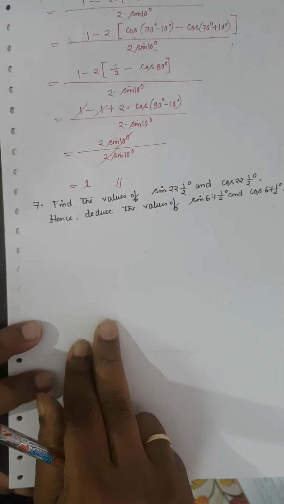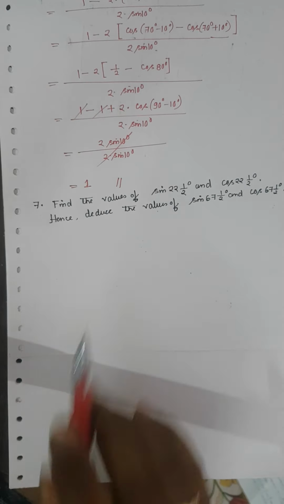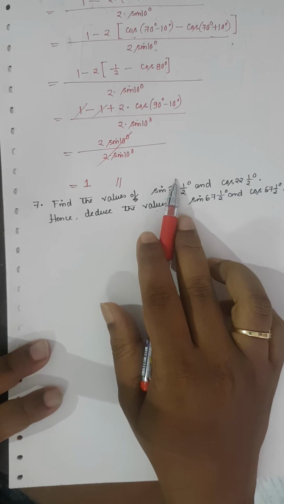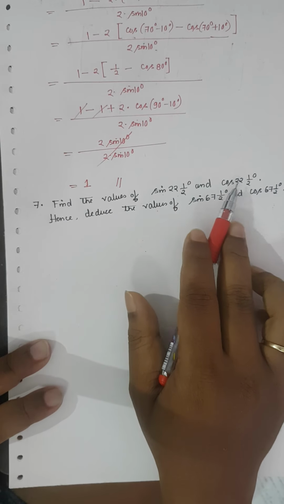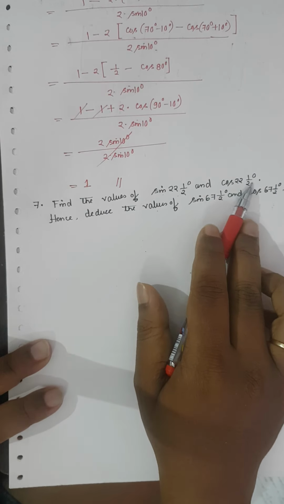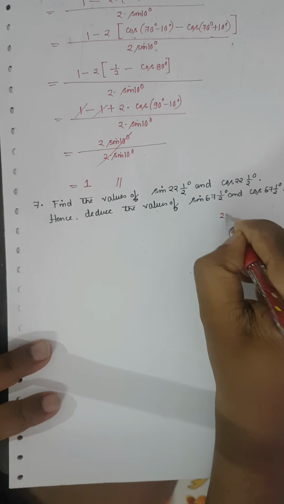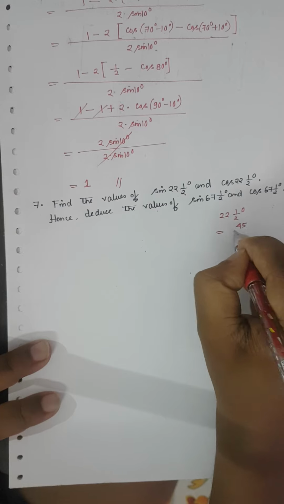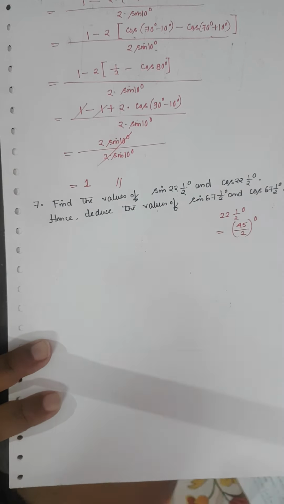Here comes the last problem of today's video. So find the values of sine 22 and half degree, cos 22 and half degree. See, 22 and half degree represents 45 by 2 degree. That is the half of 45 degree.